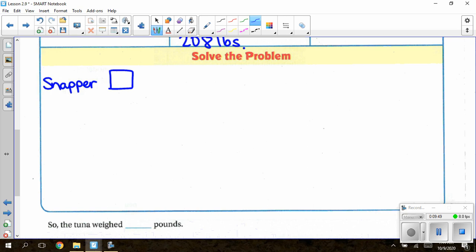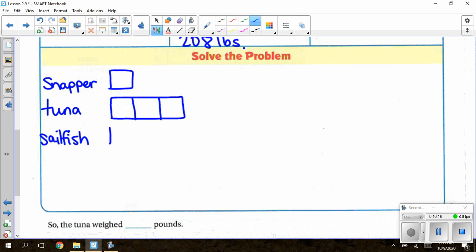Then by looking up at the information that was given to us, we know that the tuna was 3 times larger than the red snapper. So I am going to draw a bar and divide it into 3 boxes to represent the weight of the tuna. And then for the sailfish, we know that is 12 times as great as the weight of the red snapper.